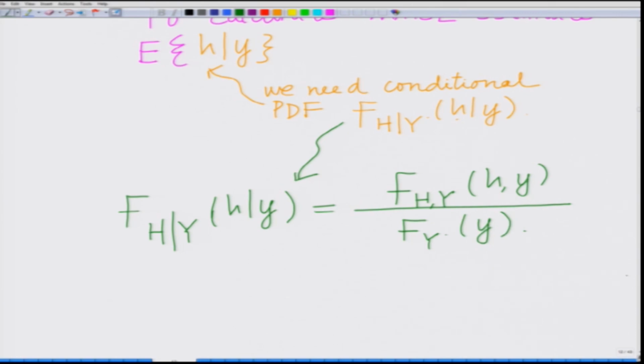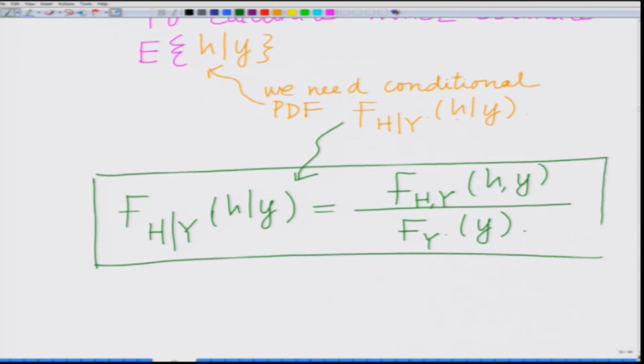All right. So, this is the important relation to keep in mind, and this is the relation we are now going to use to compute this conditional. Remember, this is the conditional PDF.